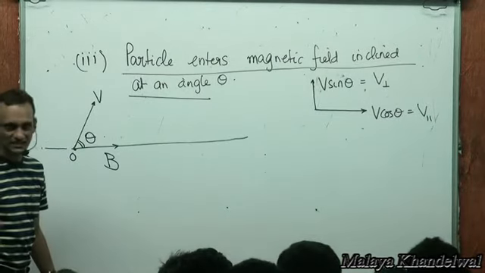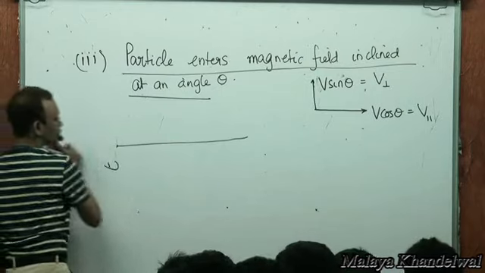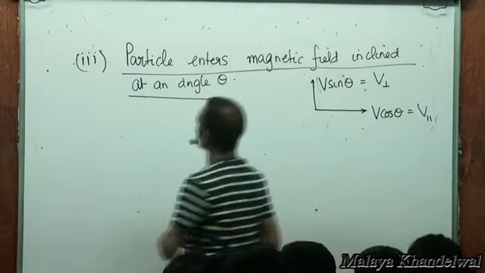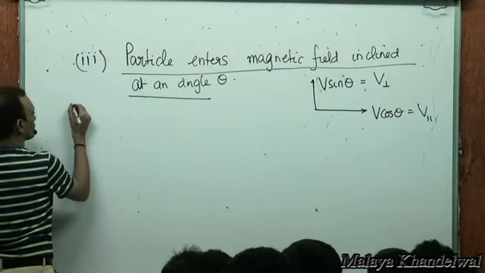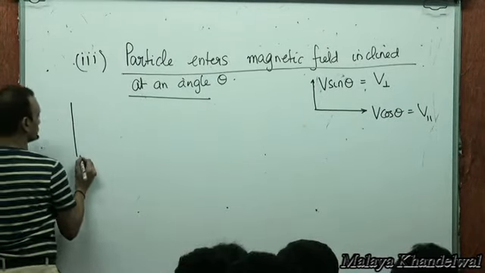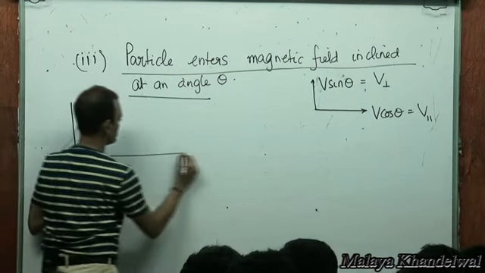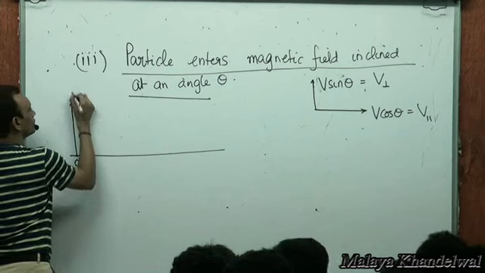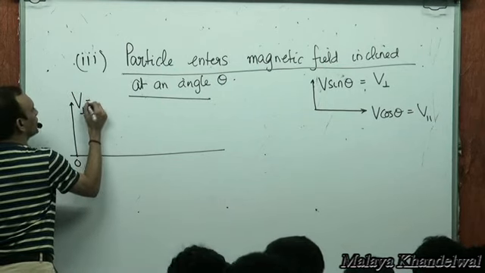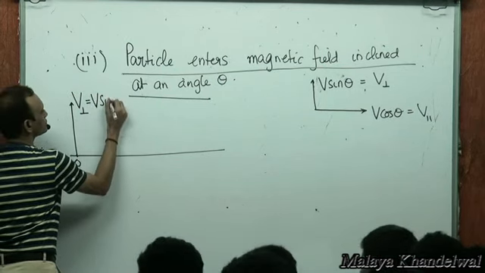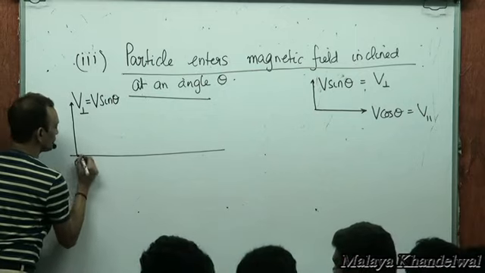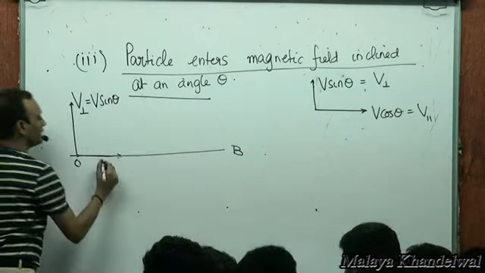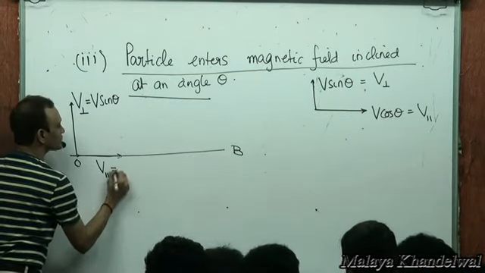Component parallel to B is the axial component. So v perpendicular, like I said, is v sin theta. This is the direction of the magnetic field, and v parallel is v cos theta.